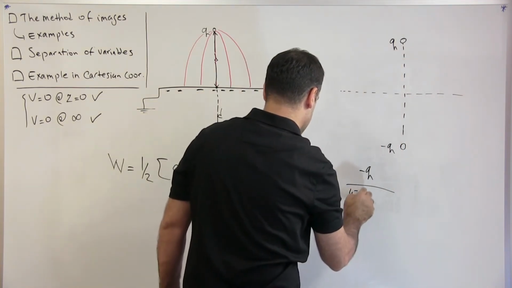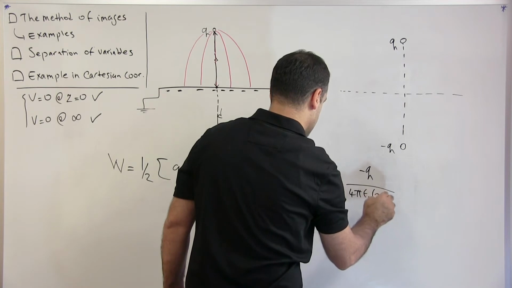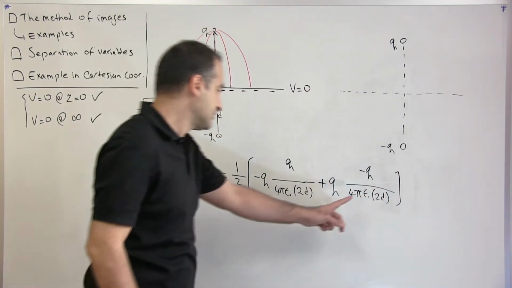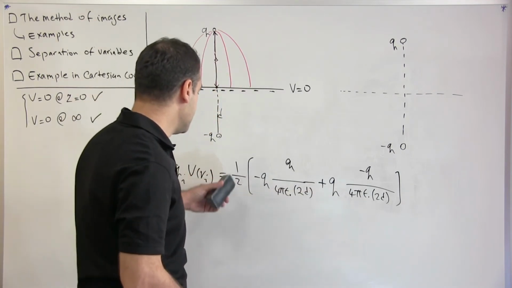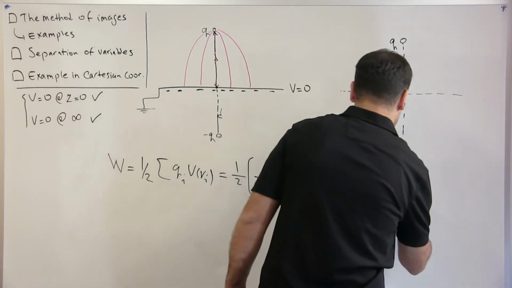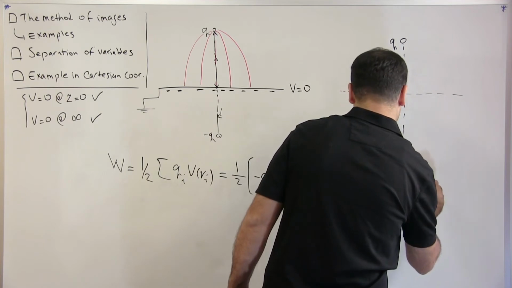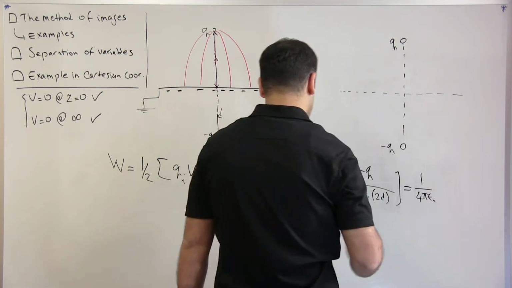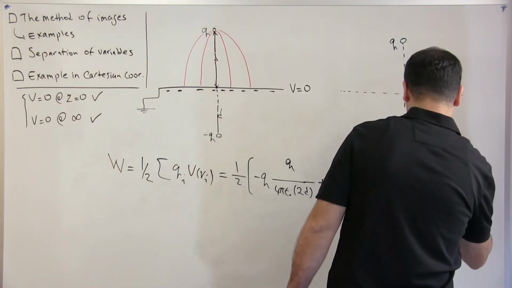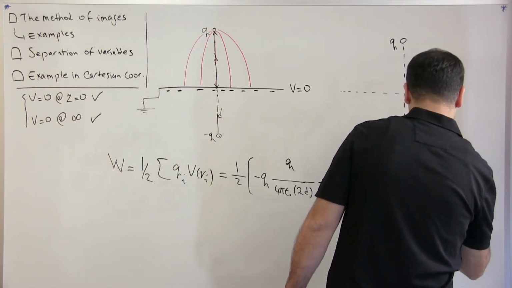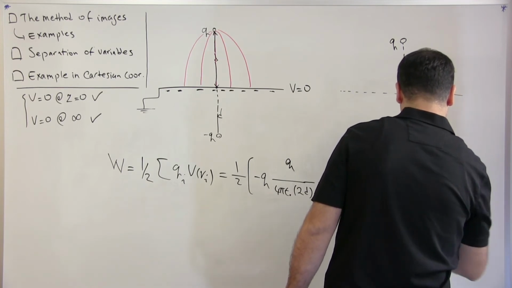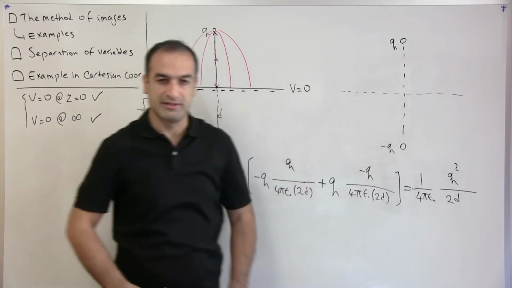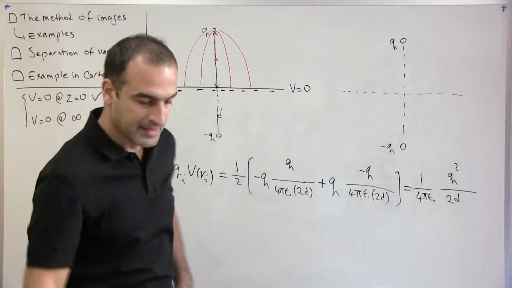So that becomes negative Q over 4 pi epsilon 0 times 2d. And if you look, these two terms are exactly the same. We're going to take half of that, and that is 1 over 4 pi epsilon 0 times negative Q squared over 2d. So this is the energy of 2 point charges, right?